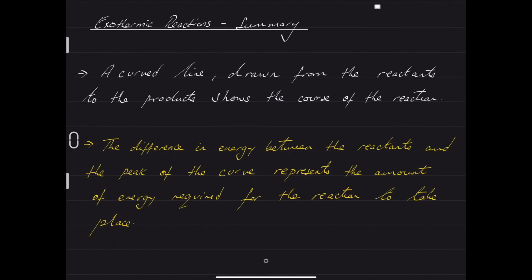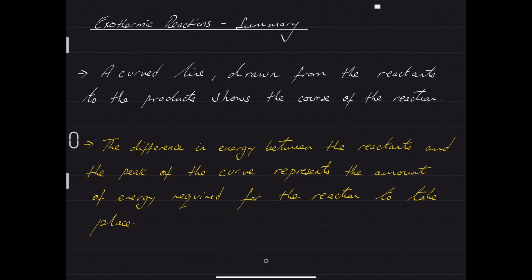Okay, now we're just going to put a few points down to summarize what we've looked at in both energy profile diagrams. So for exothermic reactions, a curved line drawn from the reactants to the products shows the course of the reaction. This is also true for endothermic reactions. Now, the difference in the energy between the reactants and the peak of the curve represents the amount of energy required for the reaction to take place.